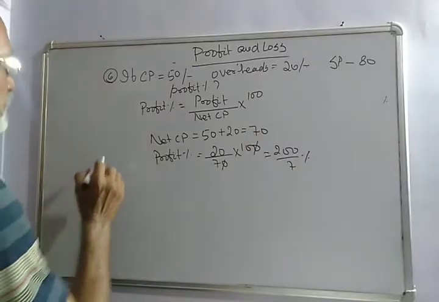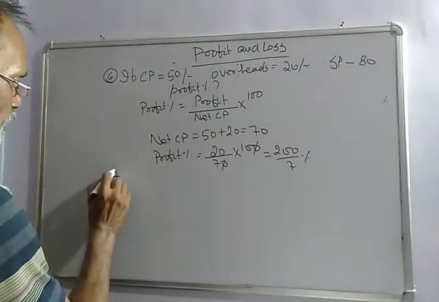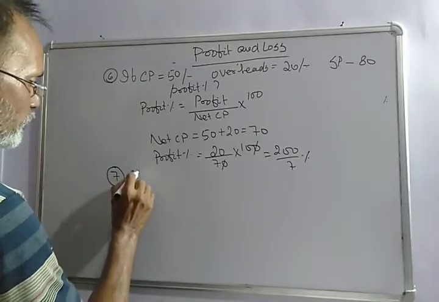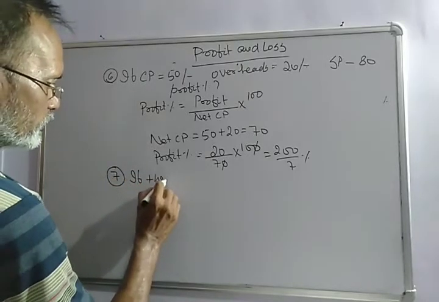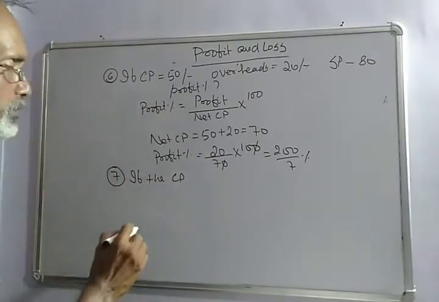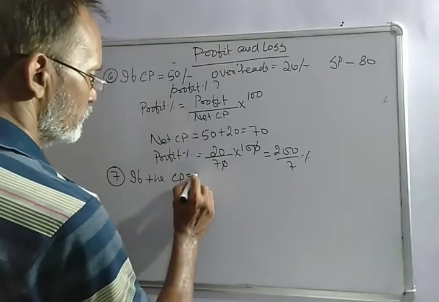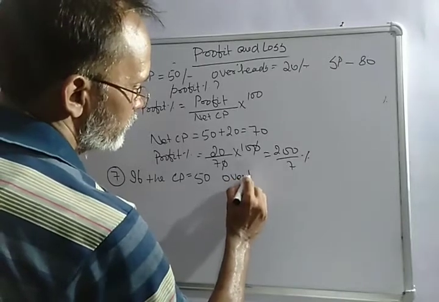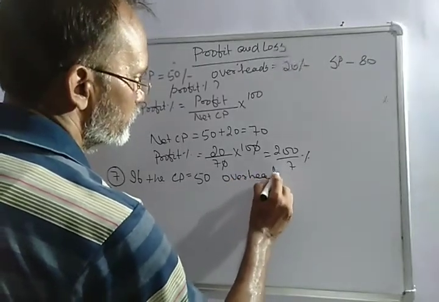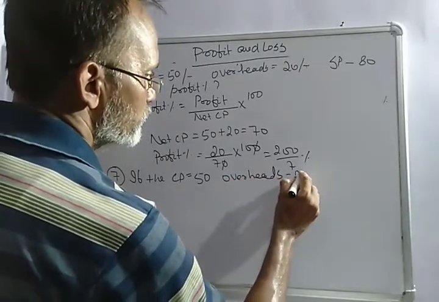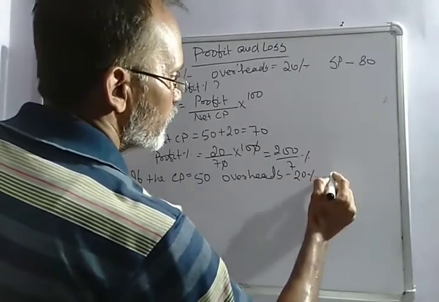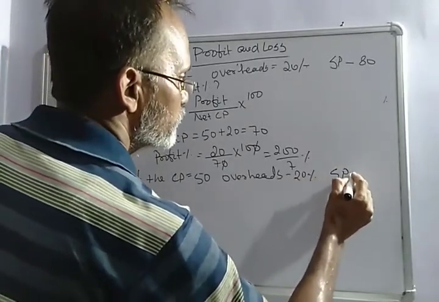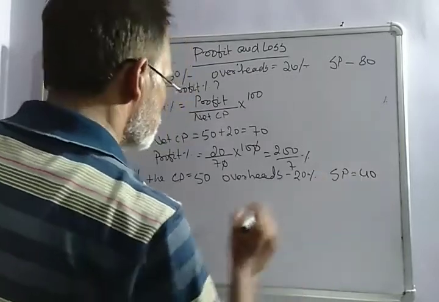Similarly, number 7, if the cost price is given, overheads 20 rupees, and SP is 40 rupees.